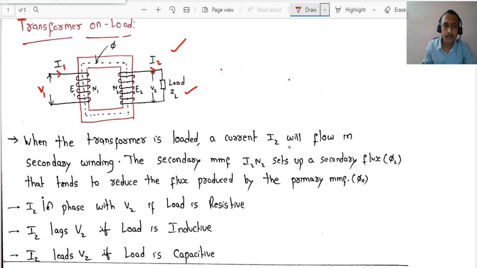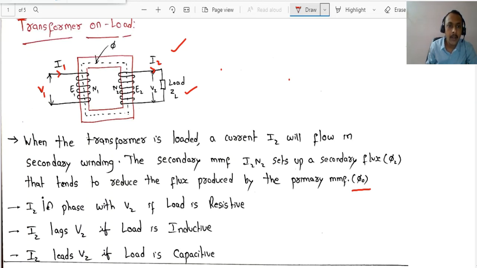This phi2 is going to oppose the flux produced by the primary MMF, phi naught. This phi2 is established because of the current flowing in the secondary winding, and it is going to oppose the primary flux phi naught.